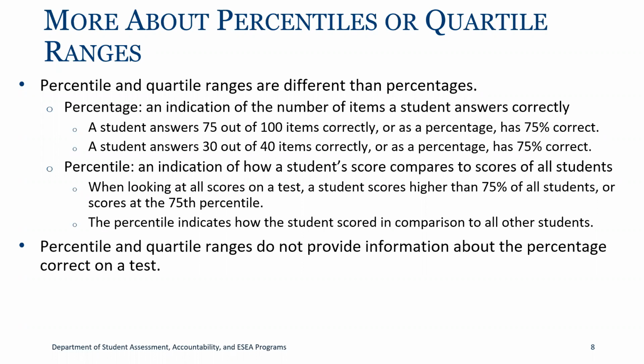When looking at the full range of scores for a test, we have the example of a child who scored higher than 75% of all of the children, meaning the child scores at the 75th percentile. Scoring at the 75th percentile does not mean that they have a percentage of 75% correct. If a child scored in the lowest score range shown on the resource document, it means the child's score was in the range of scores that were in the lowest 25% of scores on the test.